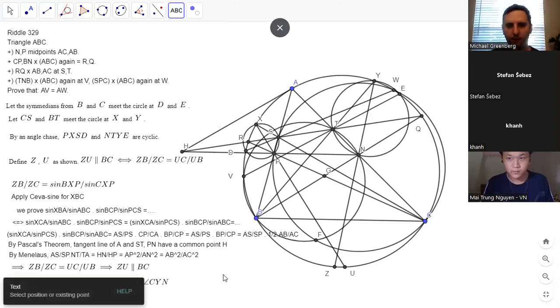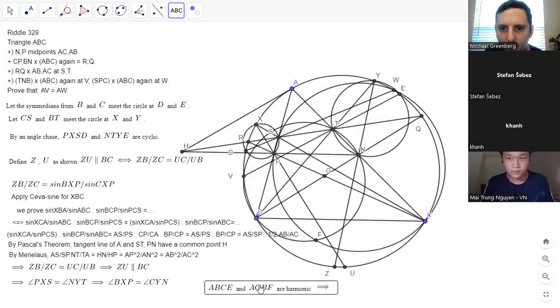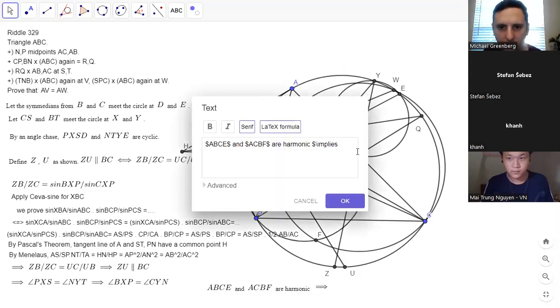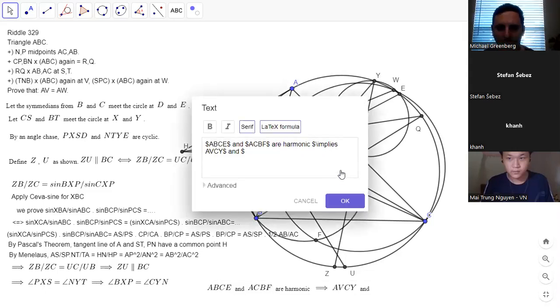Okay, so since ABCE and ACBF are harmonic, that means that AVCY and AWBX are harmonic.